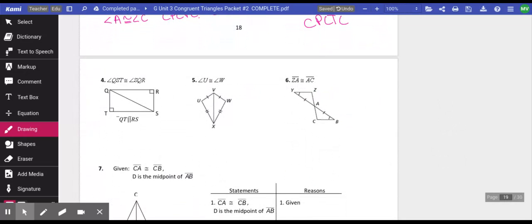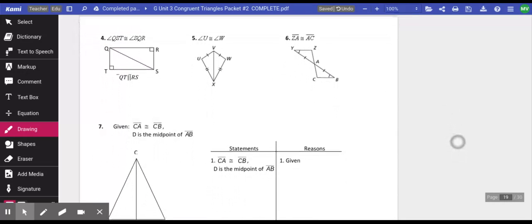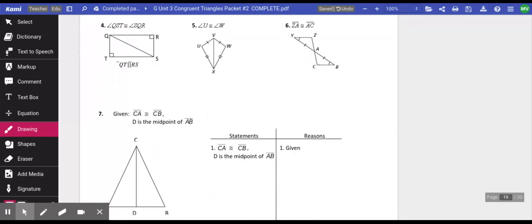So I want you to pause, and I want you to try 4, 5, and 6, and come back and we'll do the proof together. So hopefully you tried these. So I know that QT is parallel to RS.